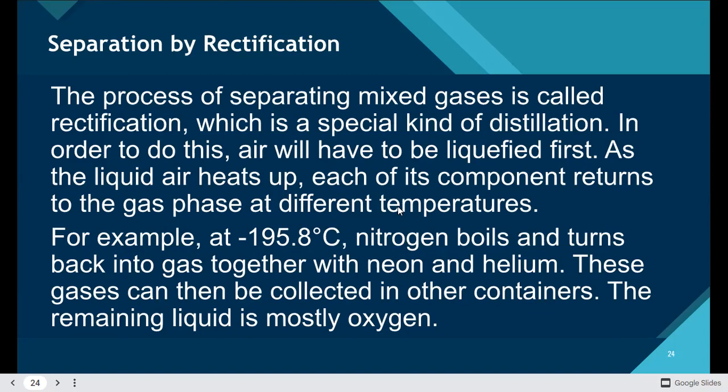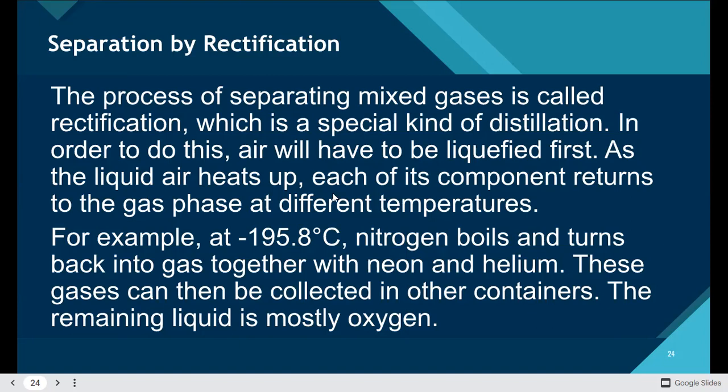For example, at negative 195.8 degrees Celsius, nitrogen boils and turns back into gas, together with neon and helium. These gases can be collected in other containers. The remaining liquid is mostly oxygen because oxygen has a higher boiling temperature compared to nitrogen, neon, and helium.